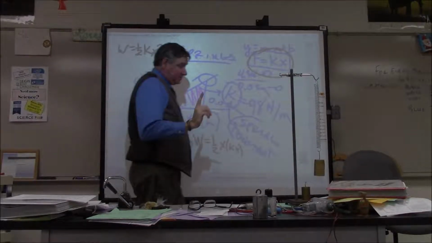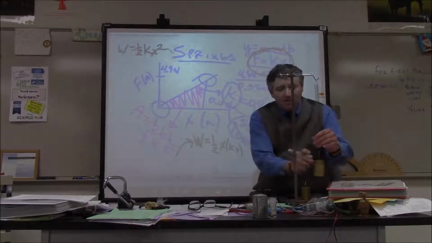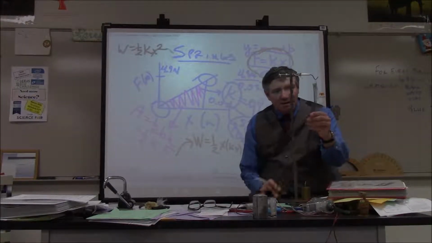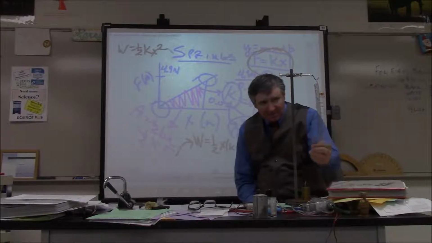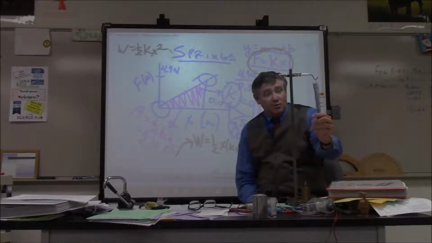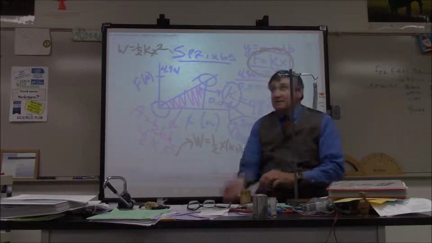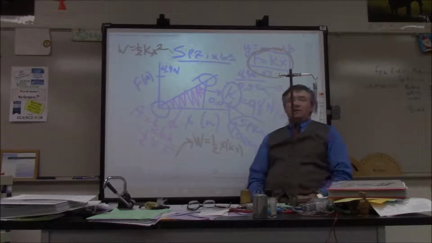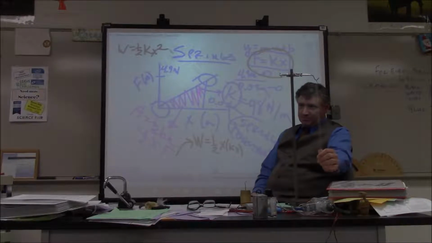Now, here's the $1 million question. When I do this and pull down, what type of energy am I storing? Potential energy. So me pulling down on this spring is the same idea as me throwing this weight up in the air, right? So when I store this, I'm storing potential energy.